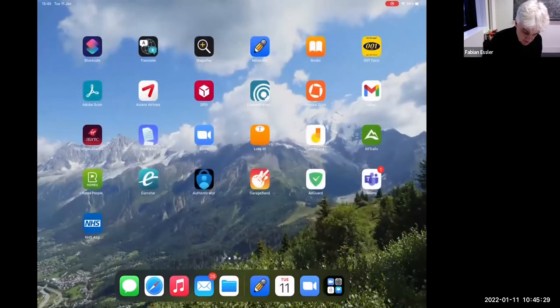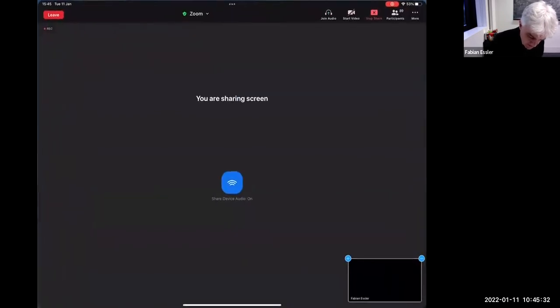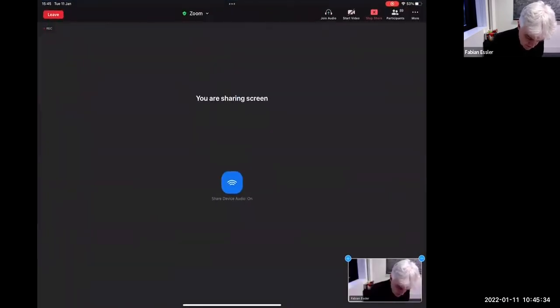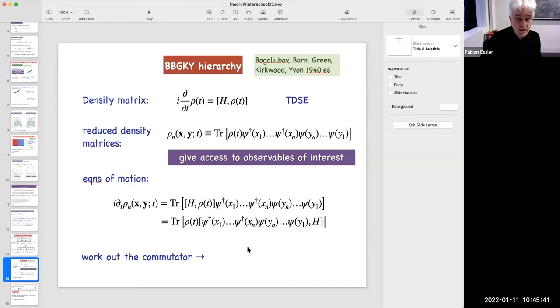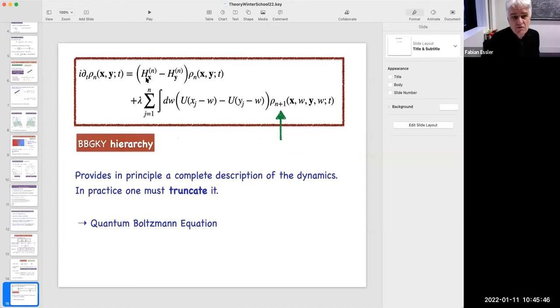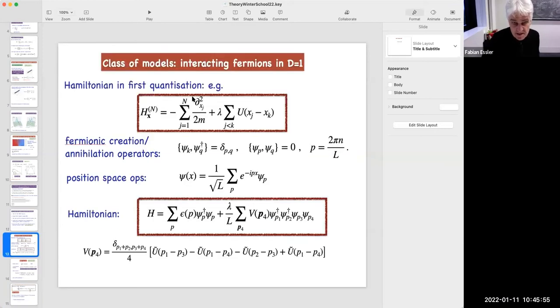Let's go back to this. So that's one of the terms that arises here, because in the first quantized Hamiltonian, you have precisely this dx1 squared over 2m or dy1 squared over 2m.